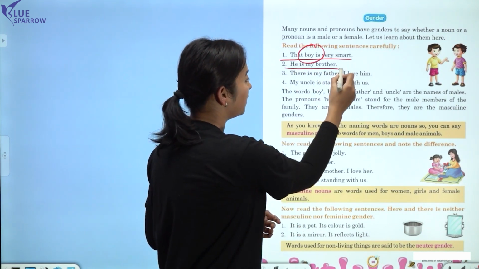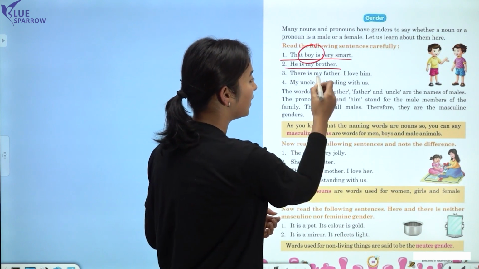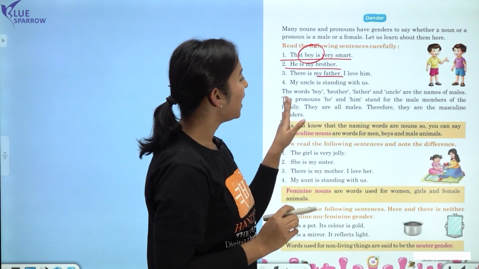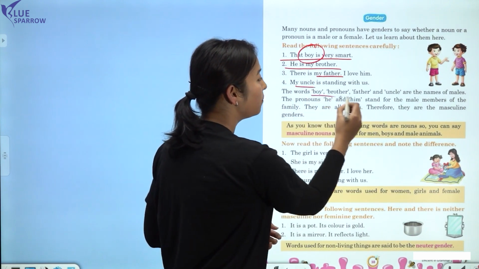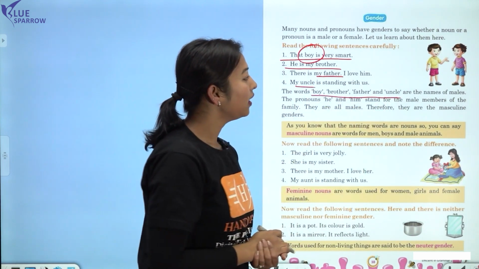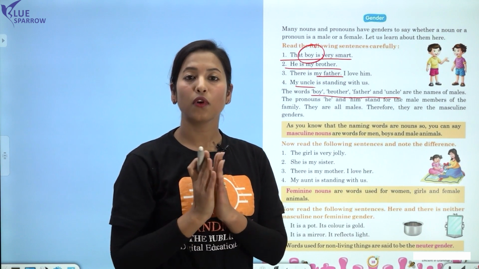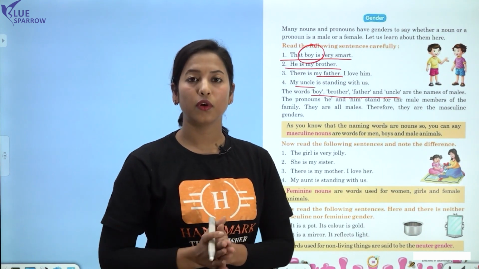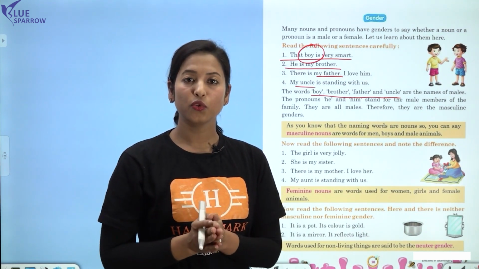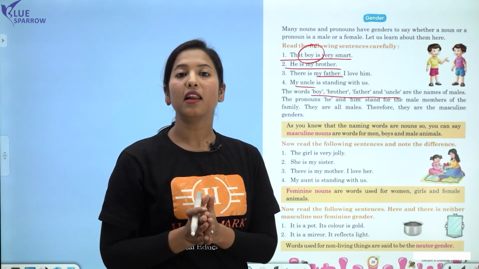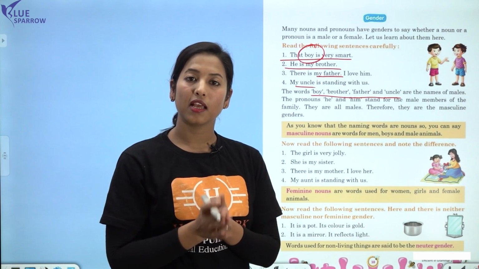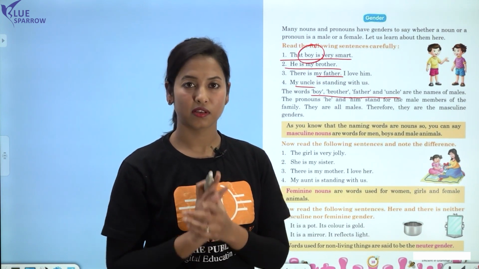He is my brother. There is my father. I love him. My uncle is standing with us. So here uncle, boy, brother, father. All these names are names of males. Therefore, all the names used for men, boys and male animals are known as masculine nouns.